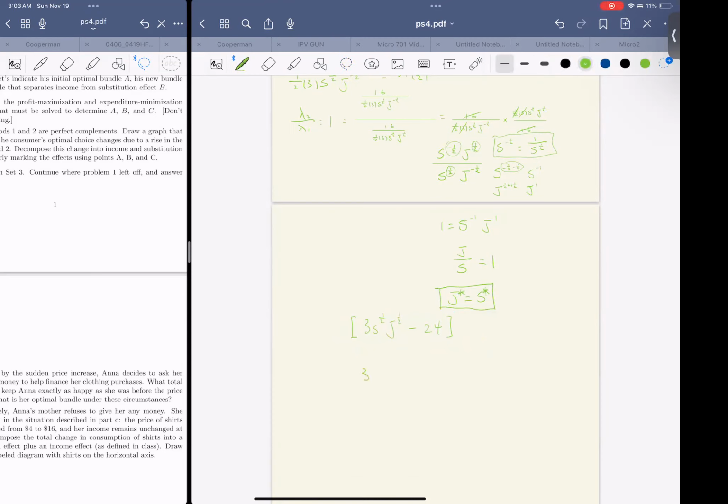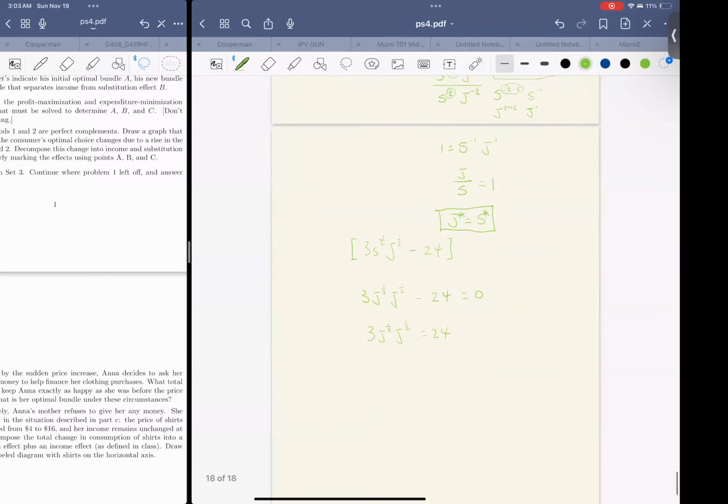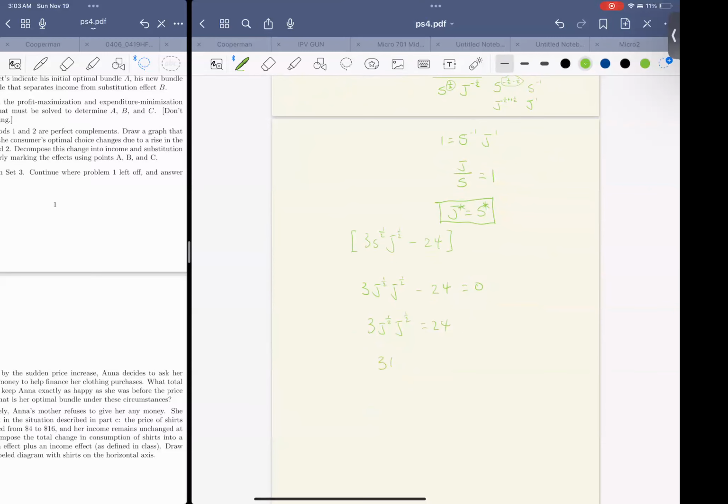So 3S equals J: 3J^1/2 minus 24 equals 0. 3J^1/2 equals 24, so J equals 8.